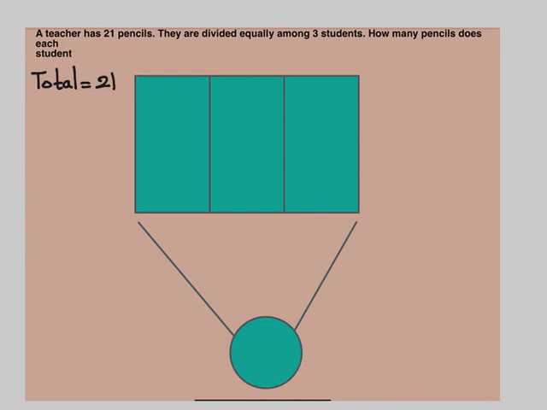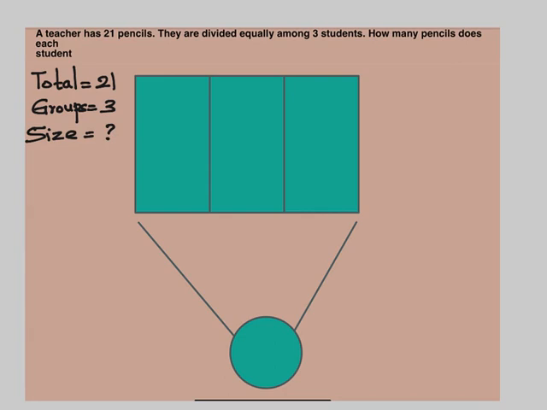They are divided equally among 3 students. So 3 students is the number of groups. How many pencils does each student have? So that is the size. We have to find that.